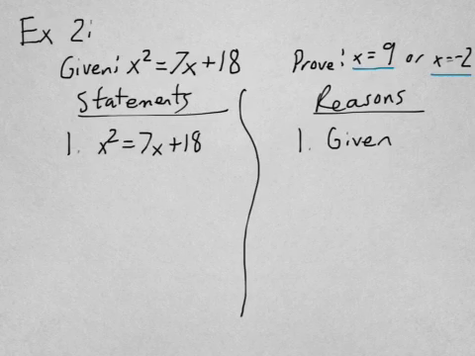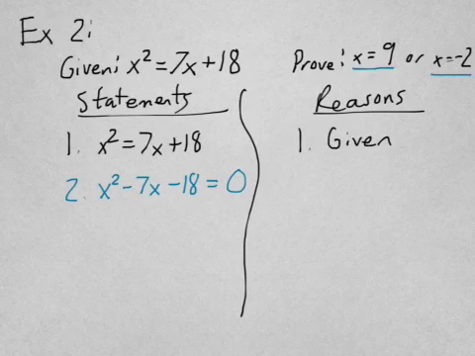Okay, so what would I do here? Well, recall that our strategy on quadratic equations is to move all terms to one side of the equation, leaving 0 on the other. What would I use to do that? Well, in order to do that, I would need to bring the 7x and the 18 over to the left side. If I did that, I would have x squared minus 7x minus 18 with 0 on that side.